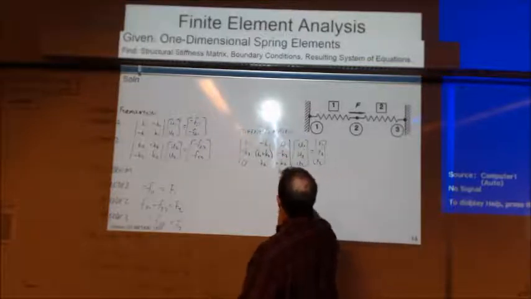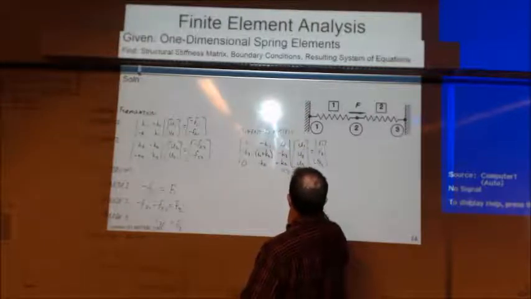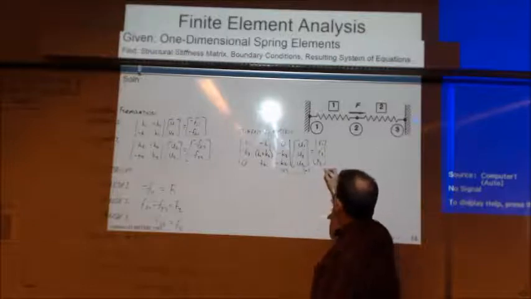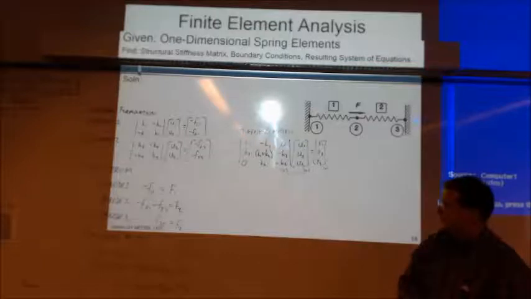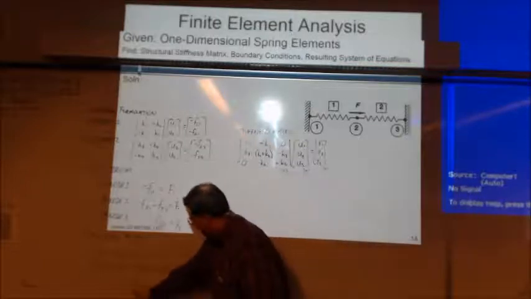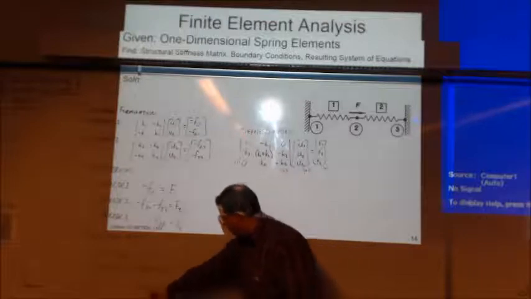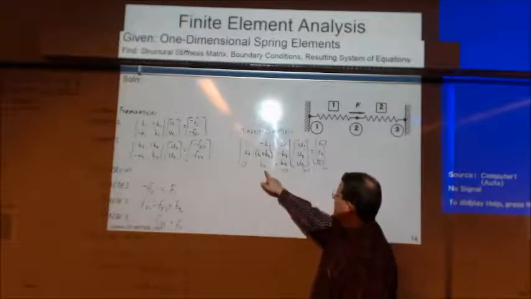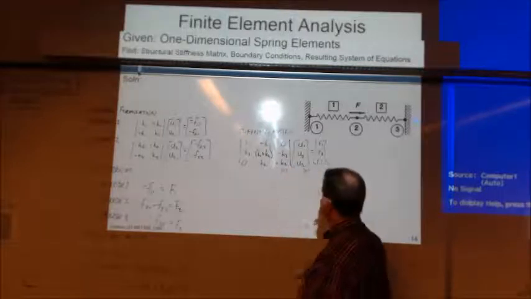This is a, what, we've got a 3 by 3, and this is a 3 by 1. So those match, so we're okay. And this is going to be a 3 by 1 matrix, right? So here I have a 0, a minus K2 to U2, and a K2 to U3. So minus K2, whoops, yep, that's K2.